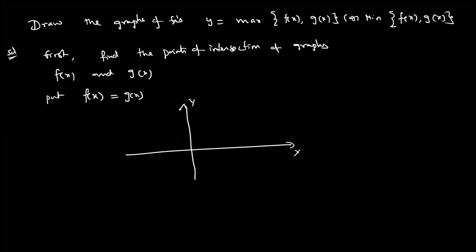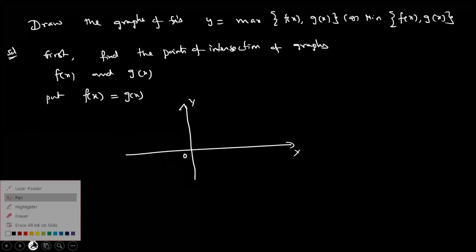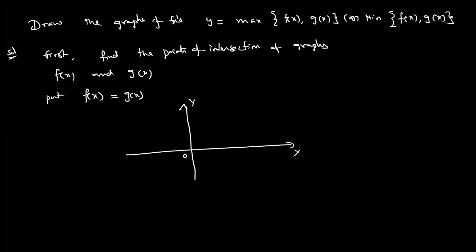X, Y. So take two rough diagrams. Dear students, see. For example, this is one of the graphs. Like that. You should understand this is y is equal to g of x. Get ready?